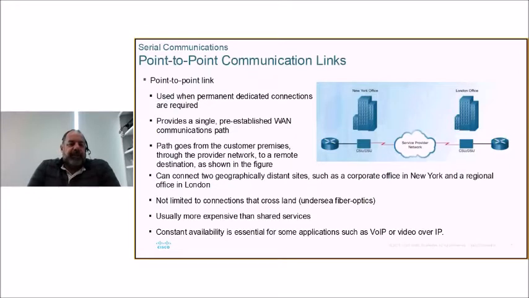Okay, so a point-to-point link is used when permanent dedicated connections are required. It provides a single pre-established WAN communications path. The path goes from the customer premises through the provider network to a remote destination, as shown in the figure. In this case, you've got a New York office and a London office, and we've got a router at each site.